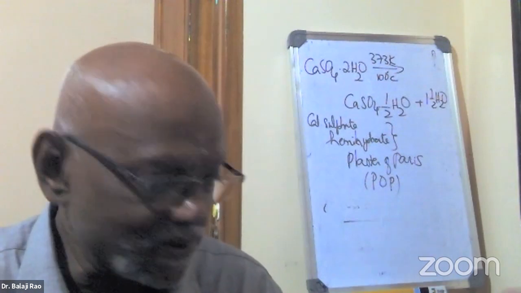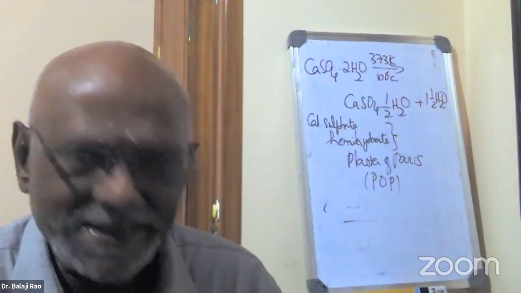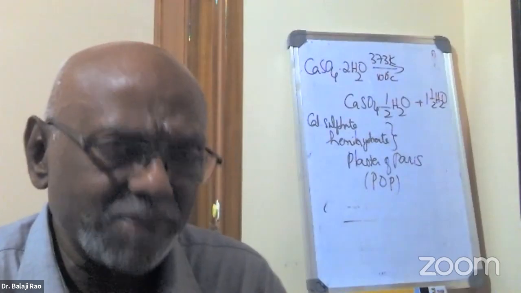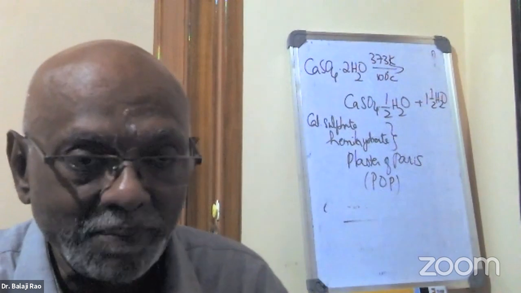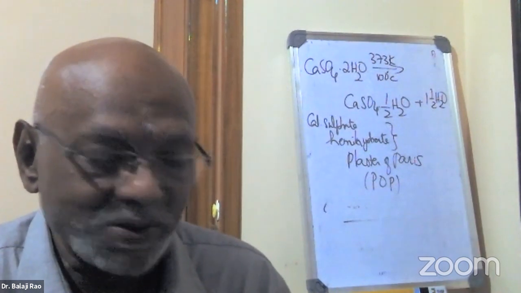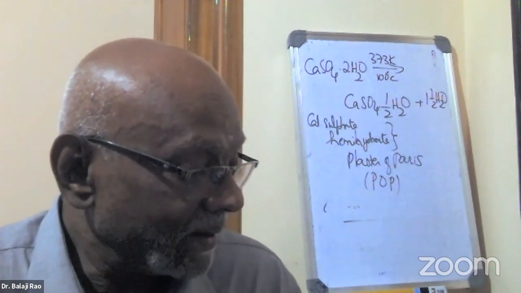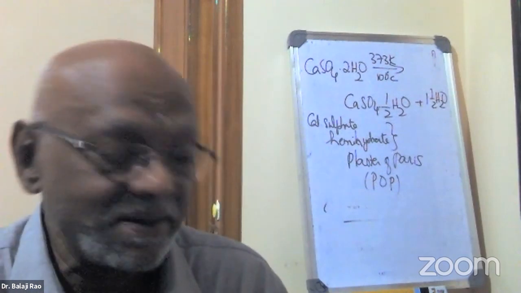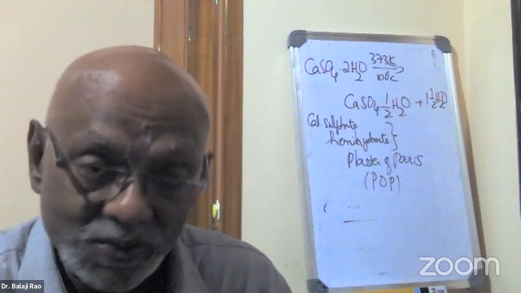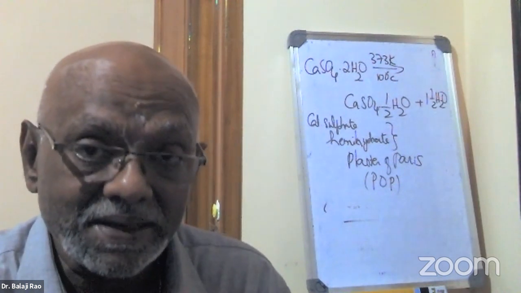Collect a few pieces of iron, maybe copper, easily available. Magnesium, not very easily available. Sodium, definitely not available at home, and we'll talk about sodium a little later. Then lead, you might get it. Zinc, you can easily find in your home.